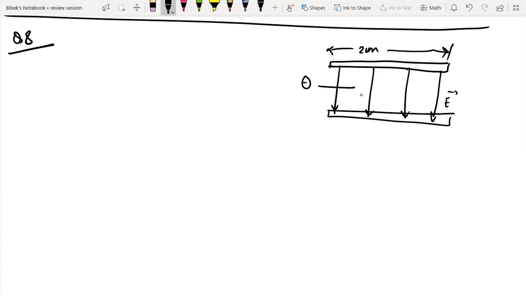This is the electron that goes in here and it grazes, goes in that direction. Your initial velocity is given, that is 2 times 10 to the 6 meters per second. And you are given this thickness, that is D, so D is 1 centimeter.